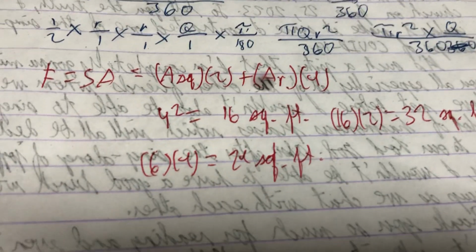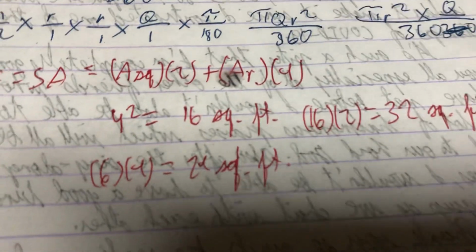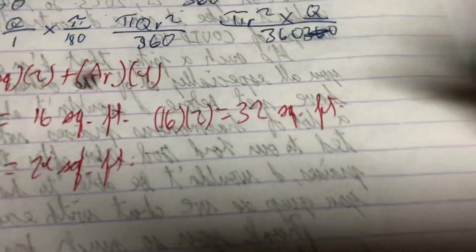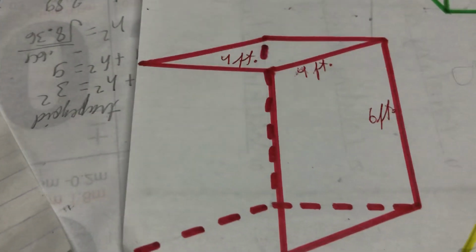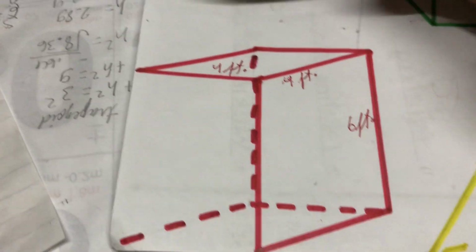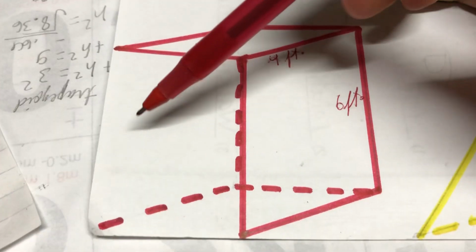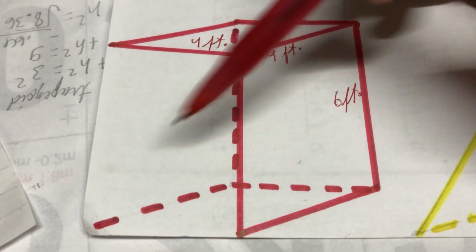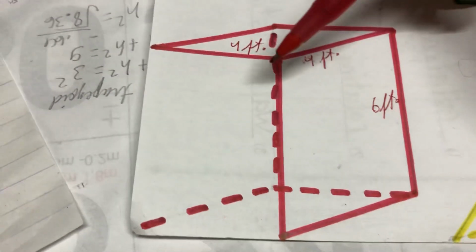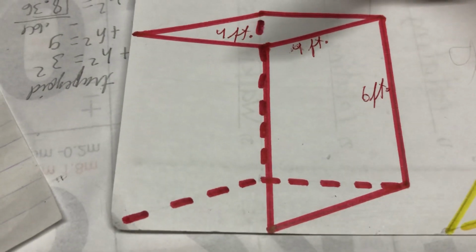Since there are four rectangles that are congruent, we group them. Remember, how many faces do you need to get when it comes to a square prism? You need 6, right? Count them: 1, 2, 3, 4, and then 5, 6. So we need to get 6 faces.